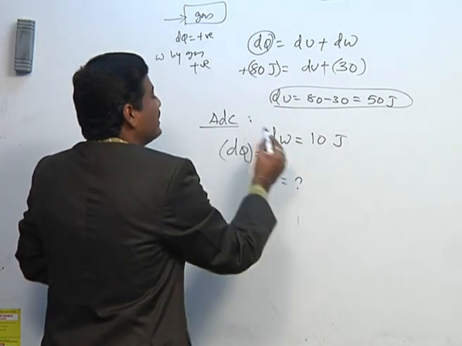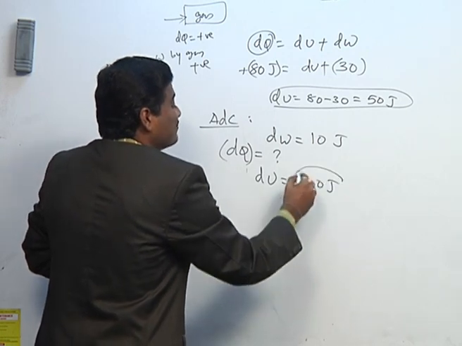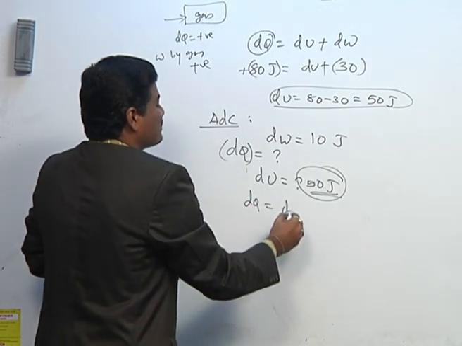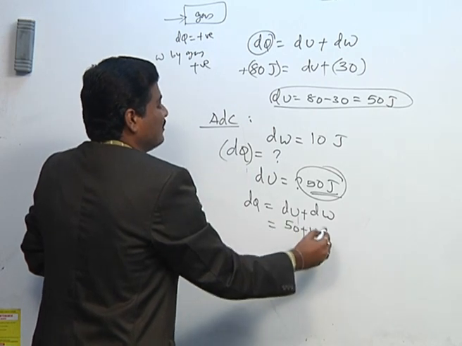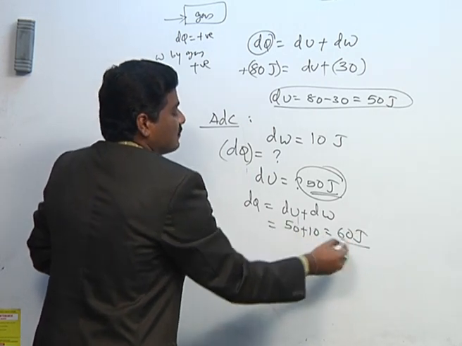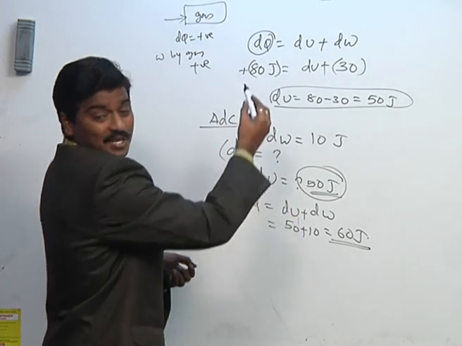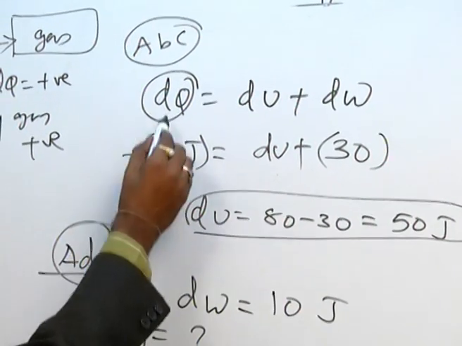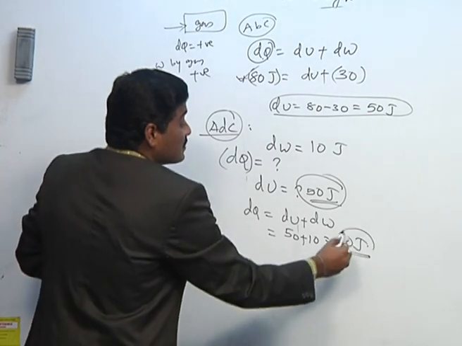So in the ADC process also, dU will be what we took in the first process, that is 50 joules. So dQ is equal to dU plus dW. In this case 50 plus 10, this is 60 joules. If you observe, one is the ABC process and one is the ADC process, whereas dQ is 80 joules in the first process and in this case 60 joules.